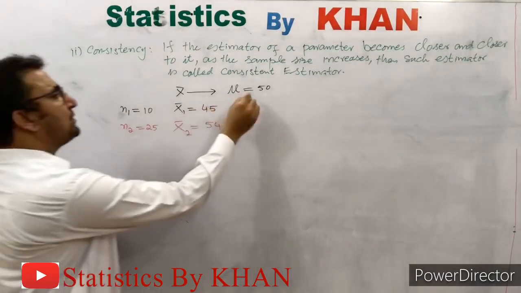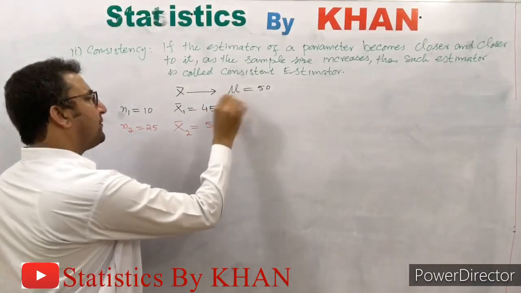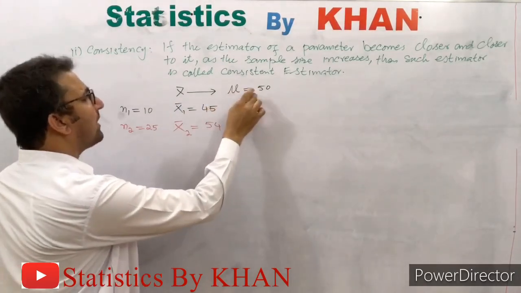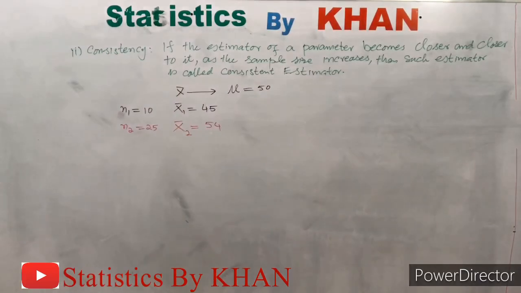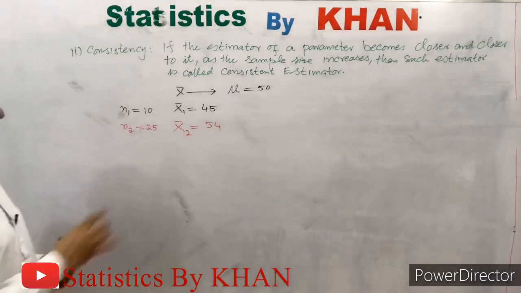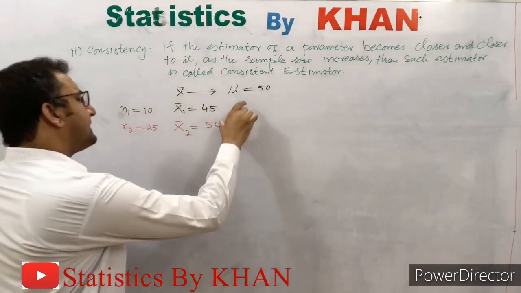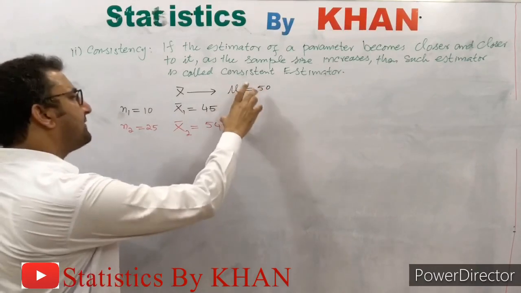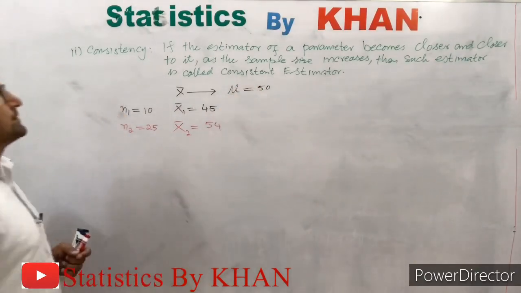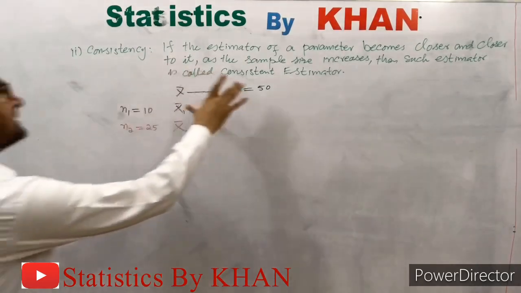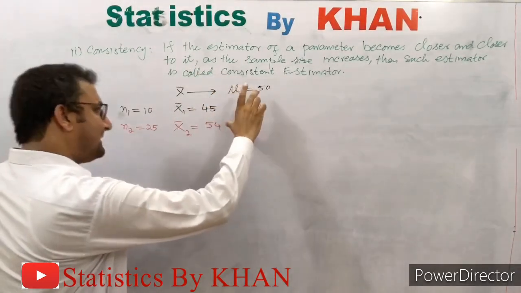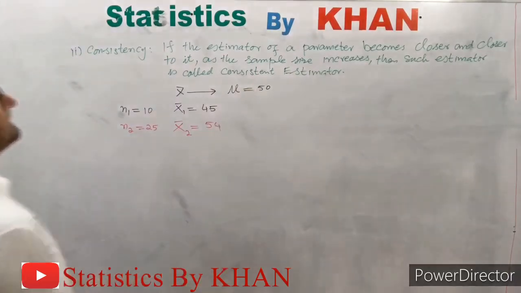Because if you subtract 45 from 50 or 50 from 45, the difference is 5 in absolute terms. As we are taking distance, we are taking it in absolute terms. But if we find the difference between 54 and 50, in absolute terms we will get 4. So as compared to the distance of the first two, this distance is smaller.